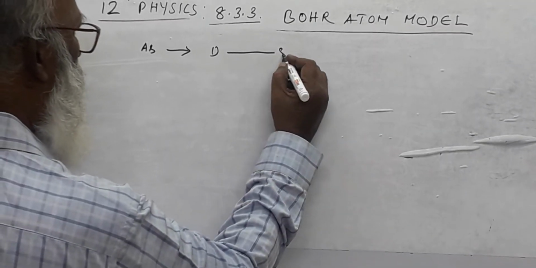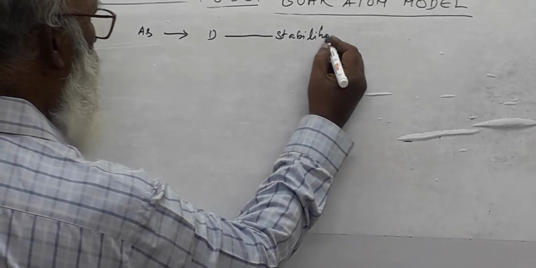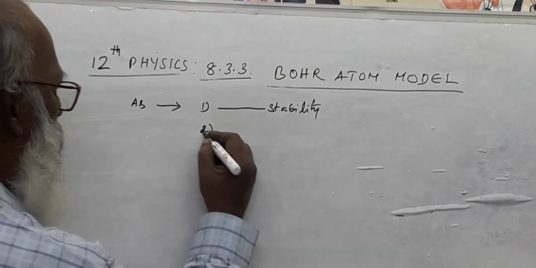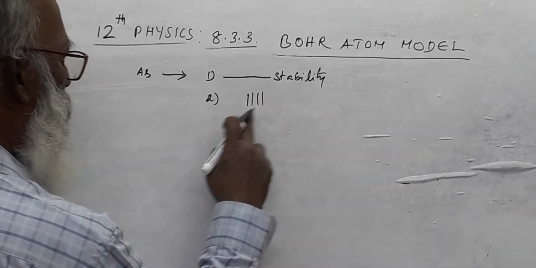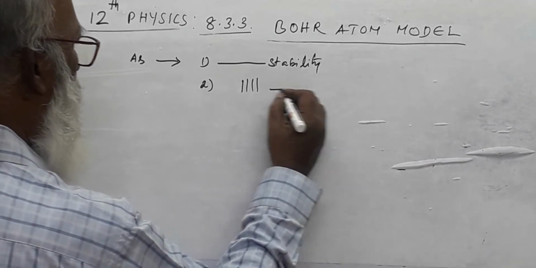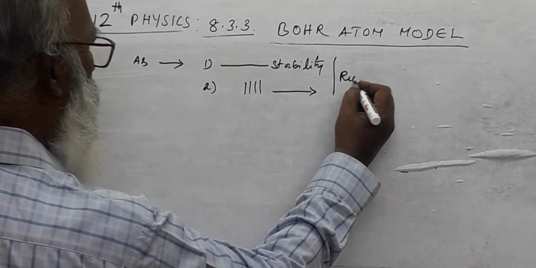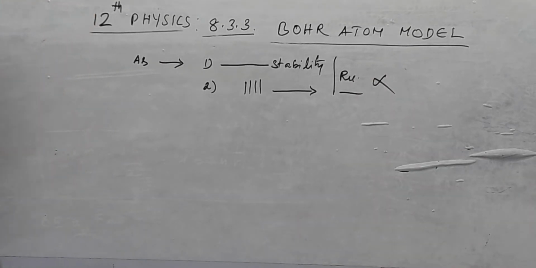One is the stability, which cannot be explained by Rutherford. The second one is the spectral lines. The reason for the spectral lines cannot be explained by Rutherford. That's why we are avoiding this Rutherford atom model.